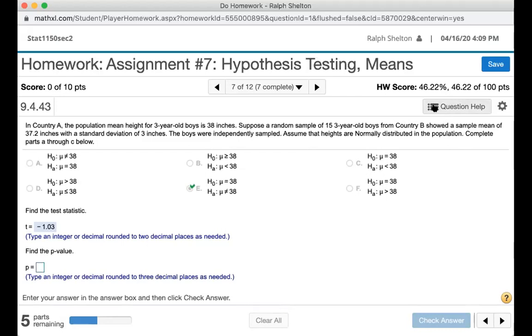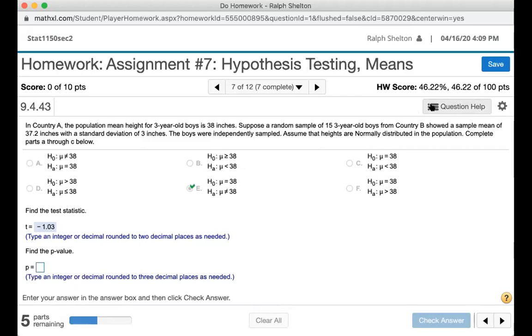Write this stuff down: 38, 37.2, and s is equal to 3. Okay, and we want the p-value. All we need for the p-value is this test statistic. We can get p from just having this test statistic, okay? So we'll go into StatCrunch, and the t that we need is minus 1.03.